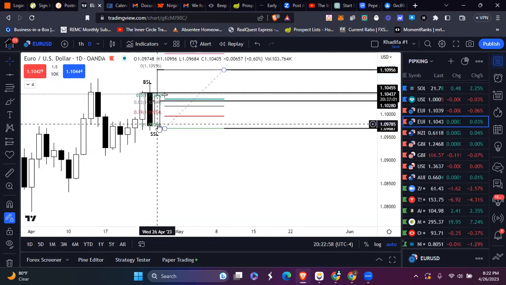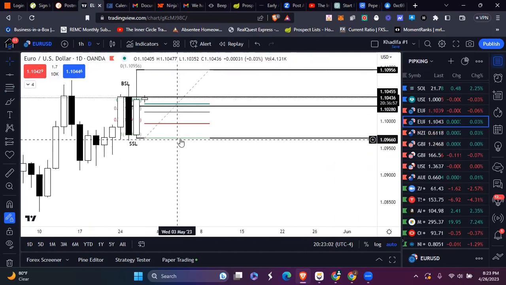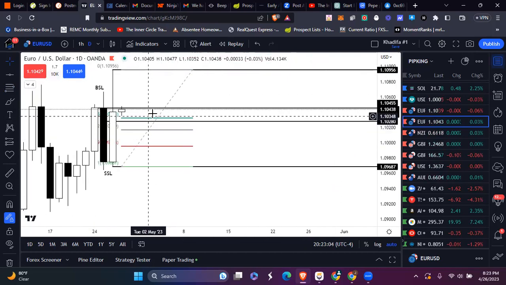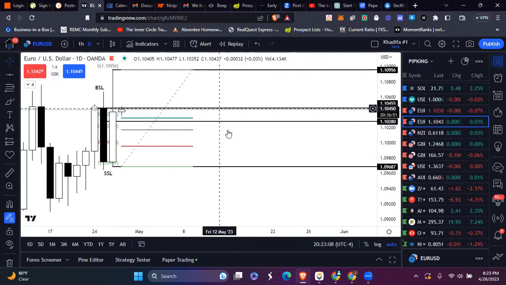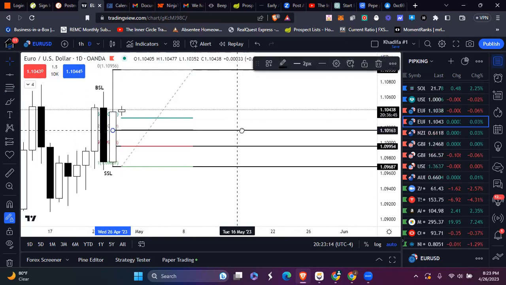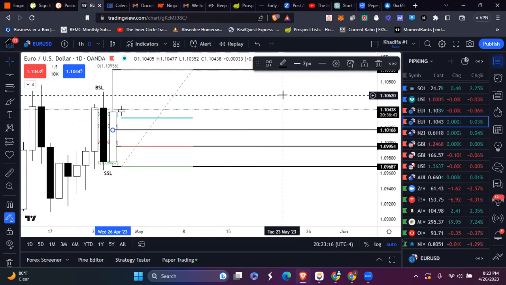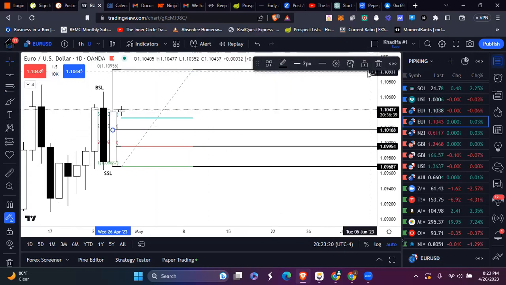But if Euro is going to keep this upward trend going, we're going to have to see a pullback down into a discount level first, because we got to get short in order to go long, and we got to go long in order to get short.